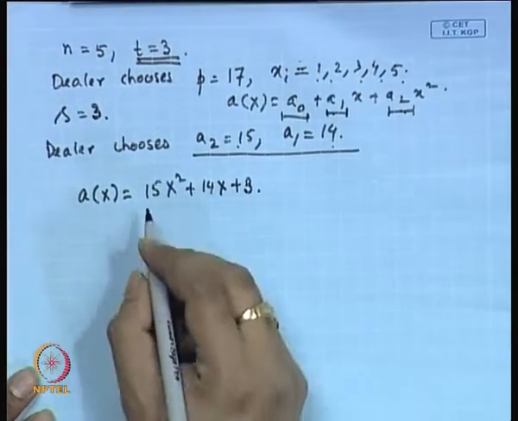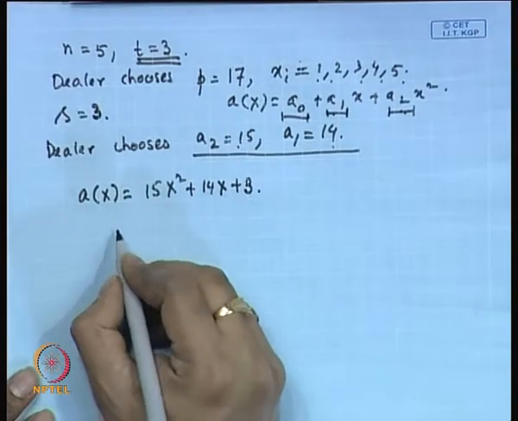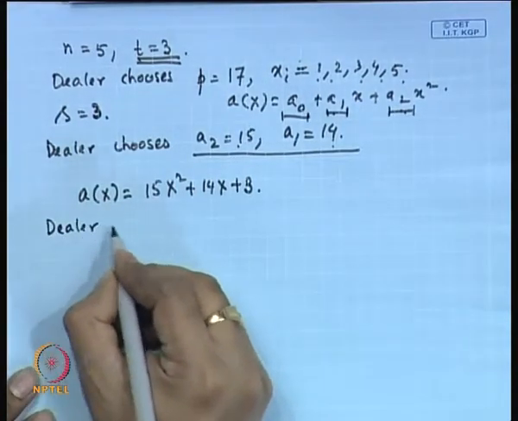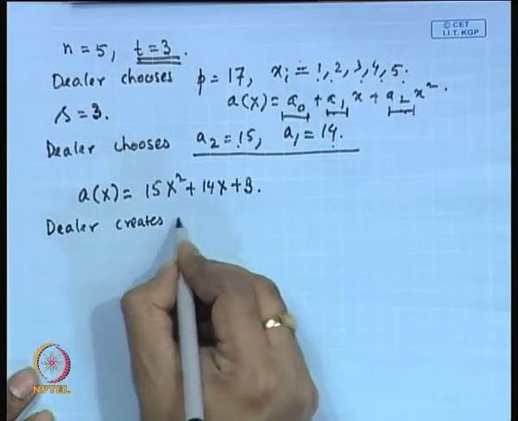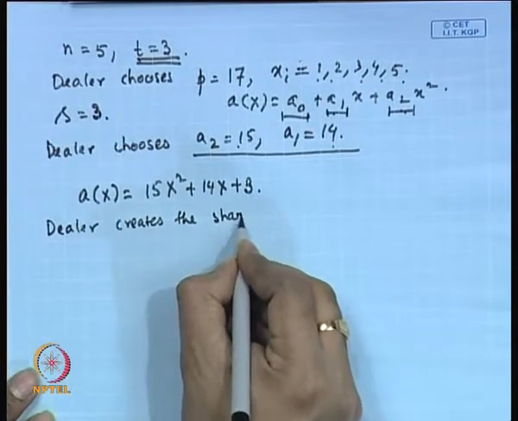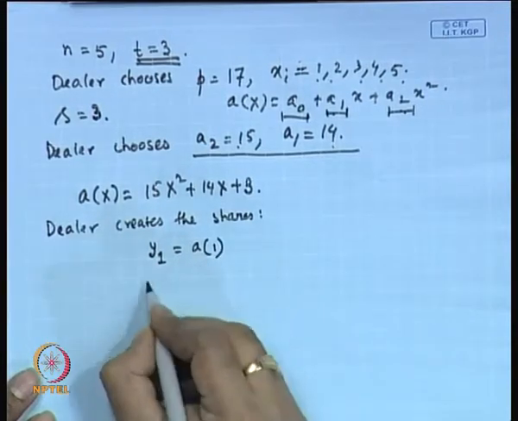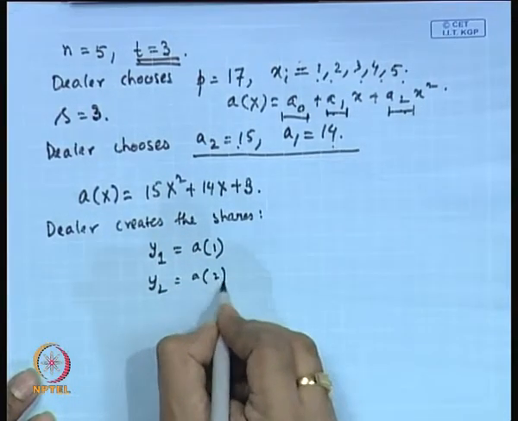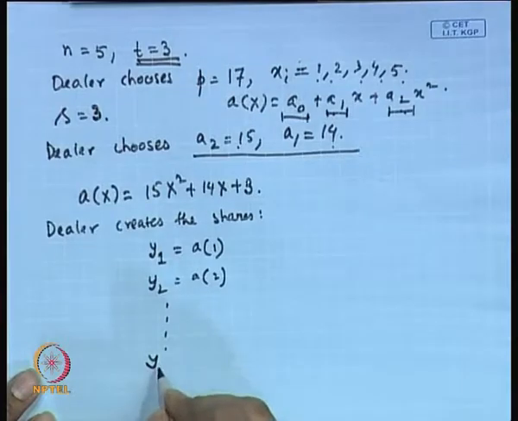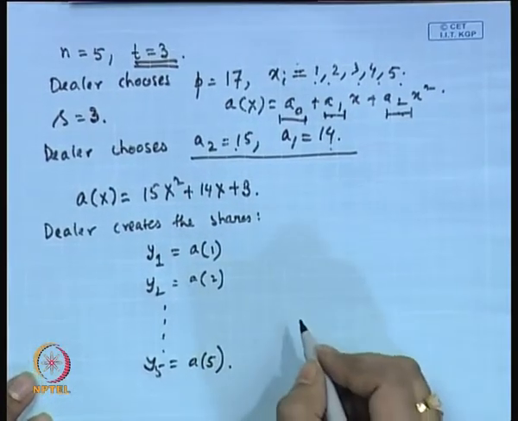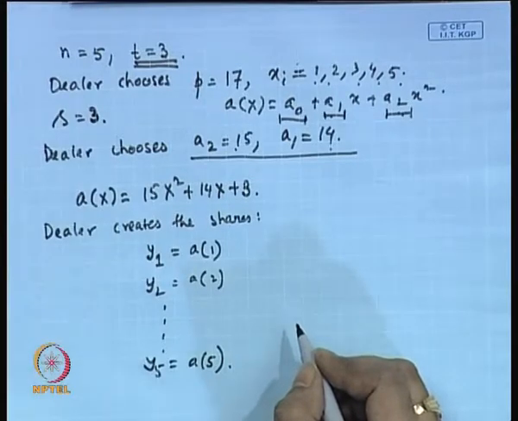And the dealer needs to create all the shares. The dealer creates the shares by computing y1 equal to a(1), y2 equal to a(2) and so on, y5 equal to a(5), right.